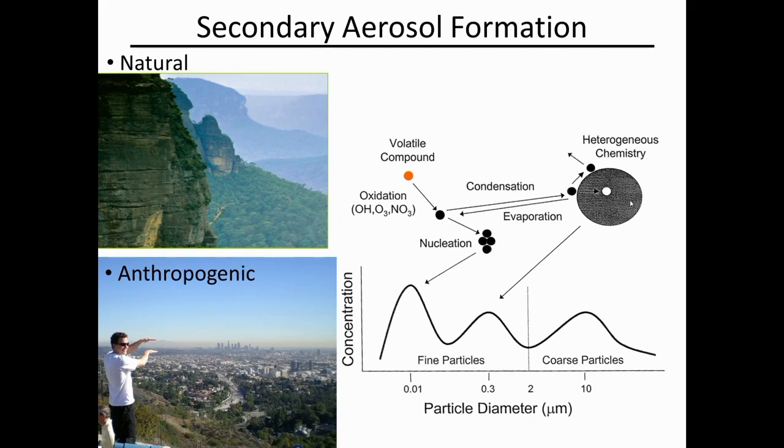So we saw the example before on the previous slide where sea salt plus sulfuric acid can lead to sodium sulfate. So heterogeneous chemistry can take place. So not only can you just move from the gas to the particle, you can also have chemical reactions in the particle.